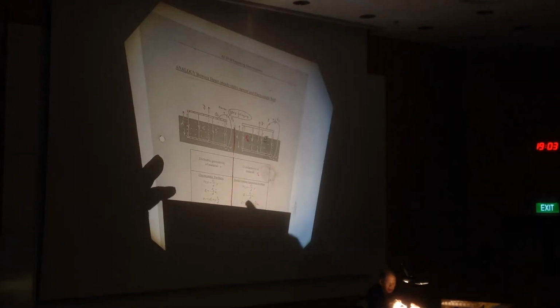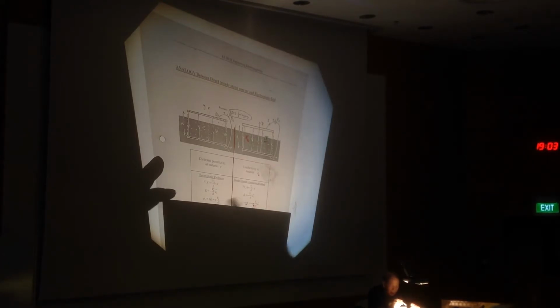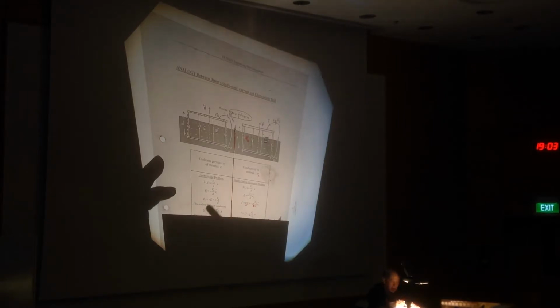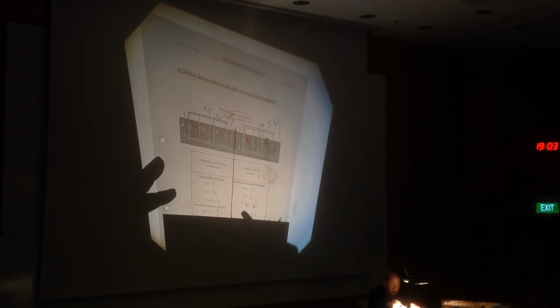Look at the similarity. J is sigma C times E. Rho S is epsilon times E. Here, rho S is the same as D. By Gauss's law, total charge is charge density multiplied by area. Similarly, total current is current density times area, sigma C times E times A, the same thing.